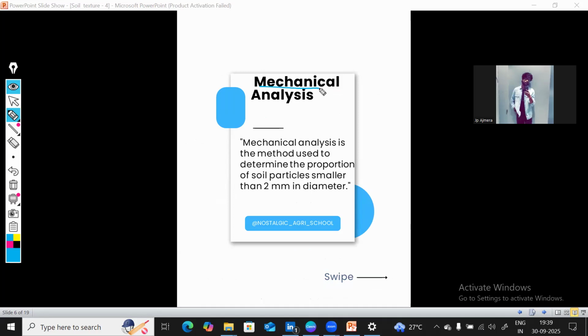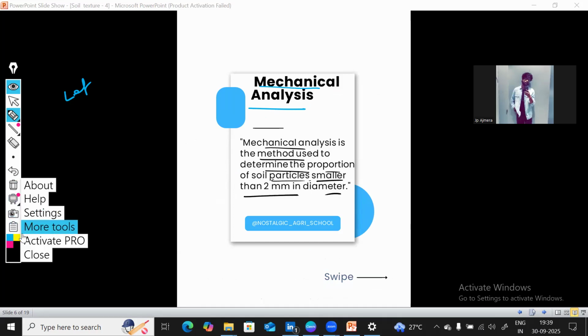That is the mechanical analysis. What is the mechanical analysis? Mechanical analysis is the method used to determine the proportion of soil separates smaller than 2 mm in diameter.